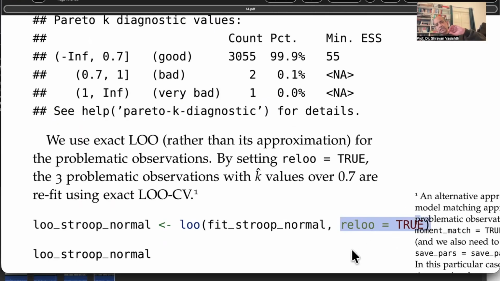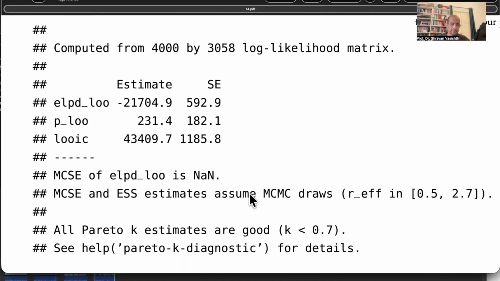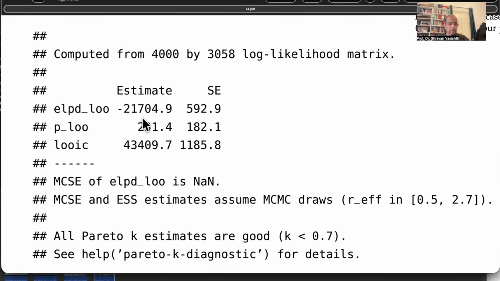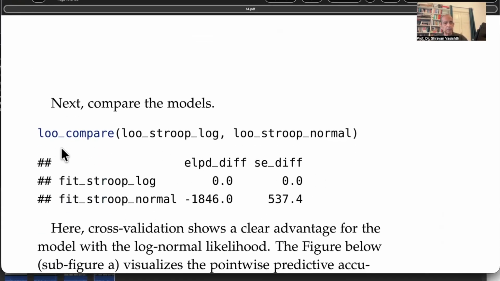What that does is it takes those problematic values and fits them using proper leave-one-out cross validation, not an approximation, not the PSIS approximation. So that's how it deals with that problem, and then we get the expected log pointwise density estimates, which are compared using loo_compare, right?